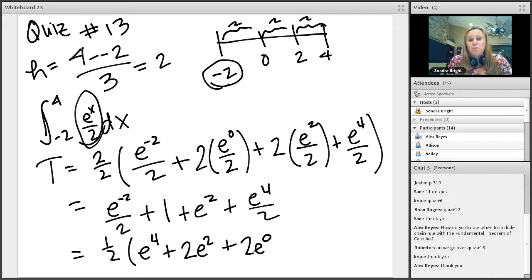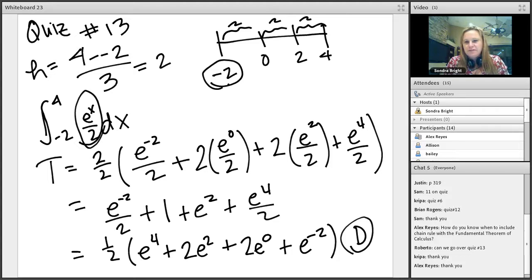They didn't even say that was 1, and then plus e to the negative 2, which was D. Just recognize that your answer is not always written the same way; you have to look among the multiple choice to see if yours is just written differently.